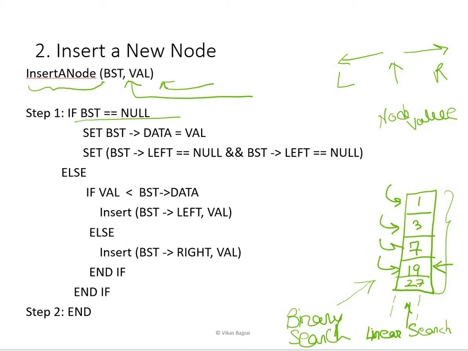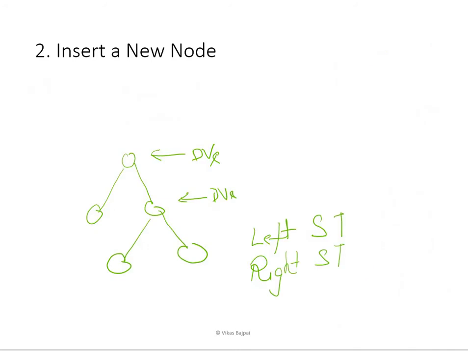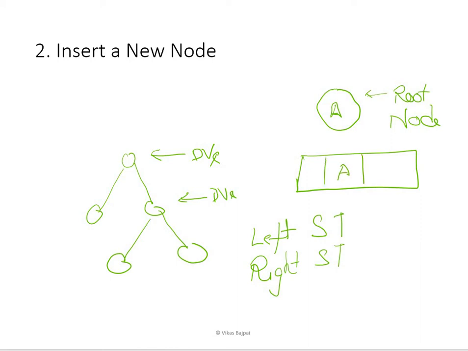In that case, every time I am making a particular node value the root node in an empty tree, I'll place this value and make the left and right pointers null, and that's how this becomes a root node and a binary search tree with a single node.